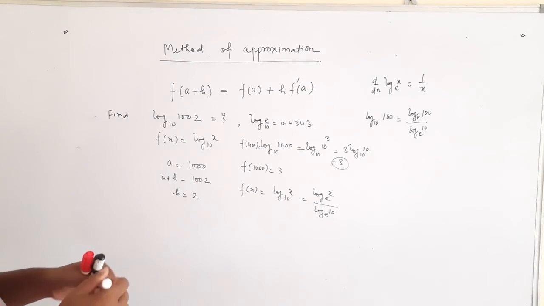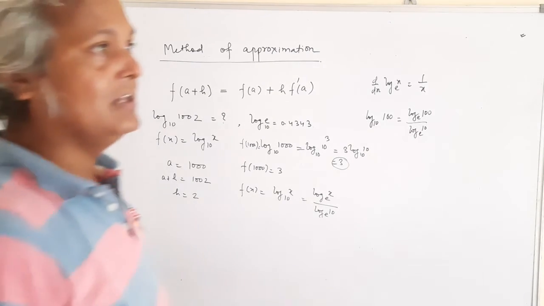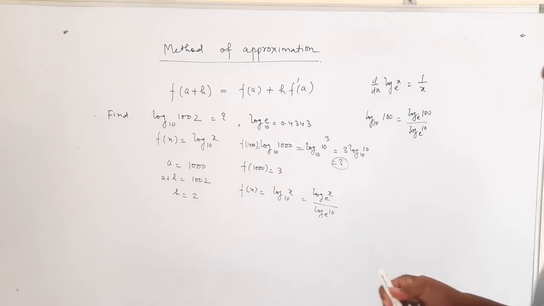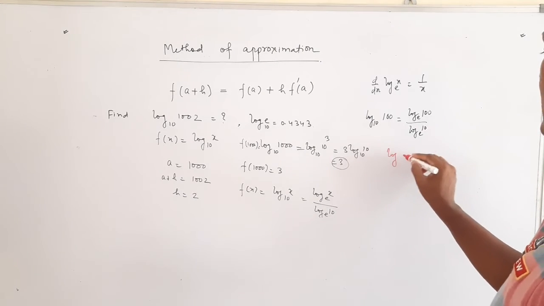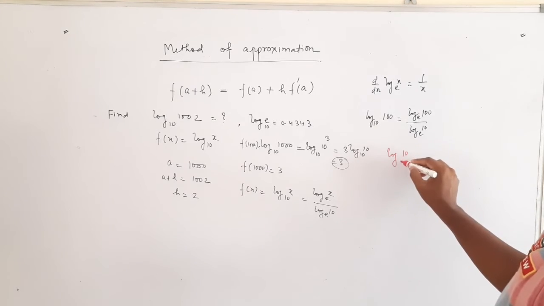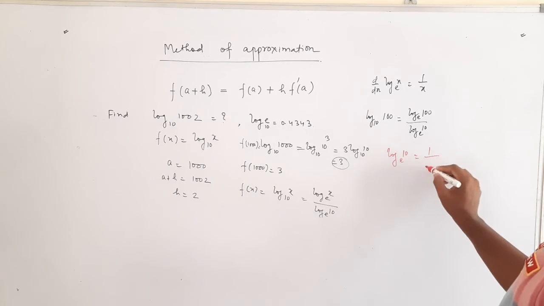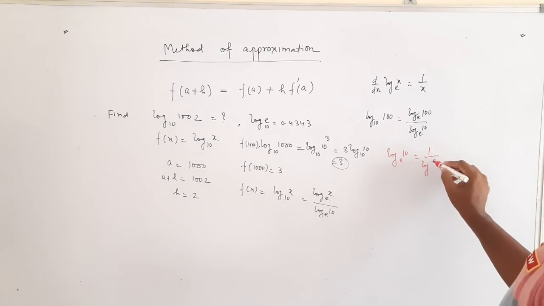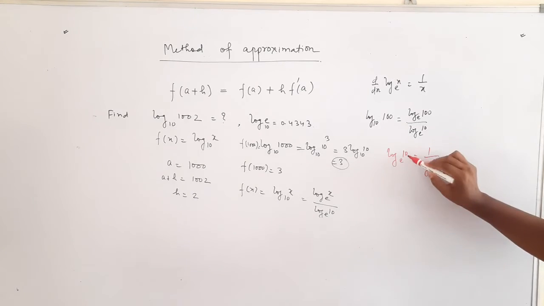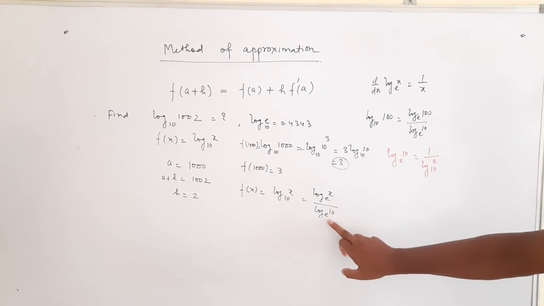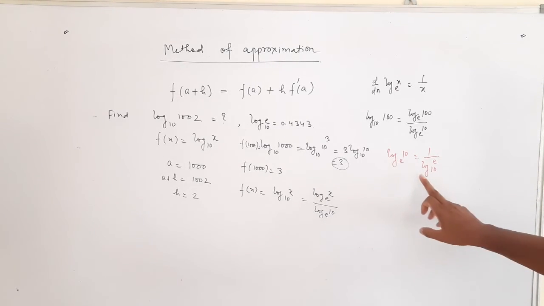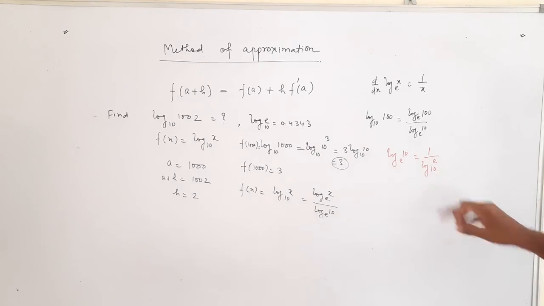There is also one more formula, that if you take the reciprocal, then the base and the argument of the log interchange themselves. Like log 10 to the base e, if I write the reciprocal form, it becomes log e to the base 10. So instead of log 10 to the base e, I can write 1 over log e to the base 10.